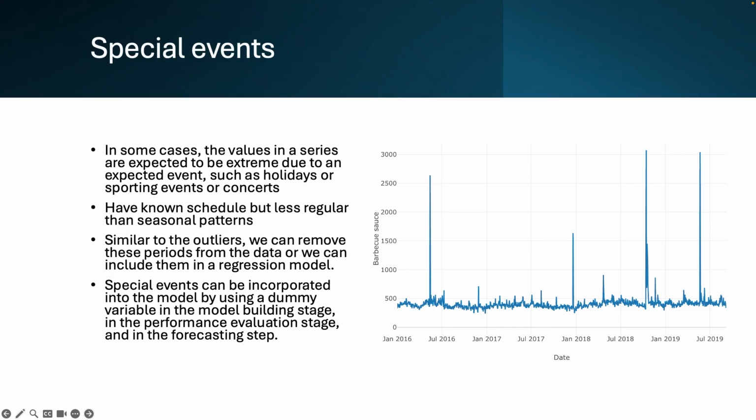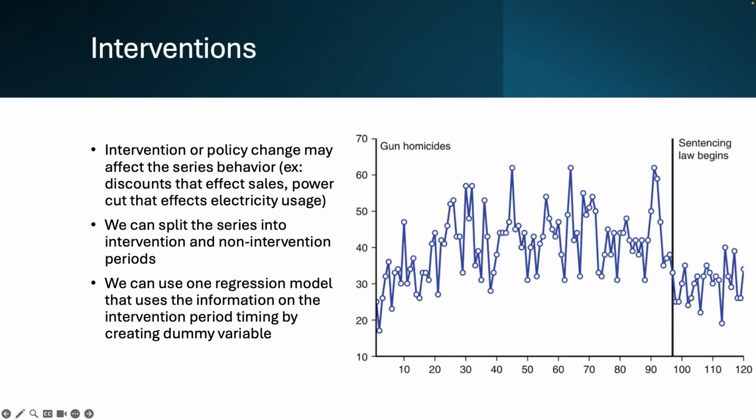During the model building stage, the dummy variable captures special events that took place during the training period and is incorporated as a predictor into the regression model. The same predictor is used to capture special events in the validation period for evaluating predictive power. And finally, this dummy variable is used for forecasting future periods that might include special events. So, this is the way that we deal with these special events.